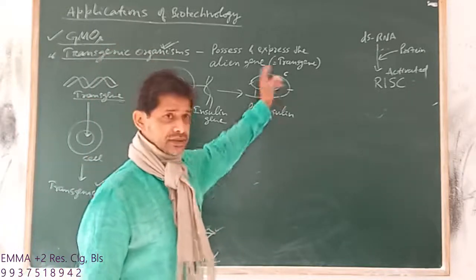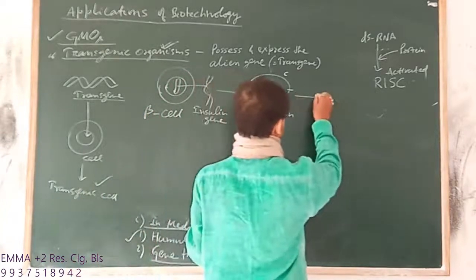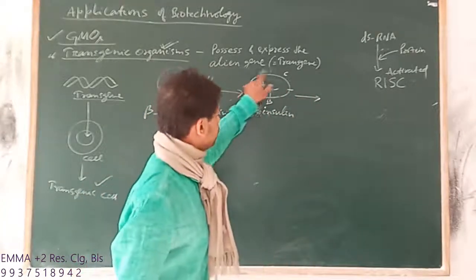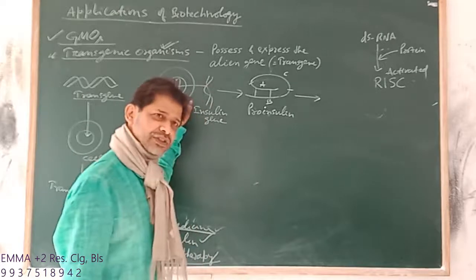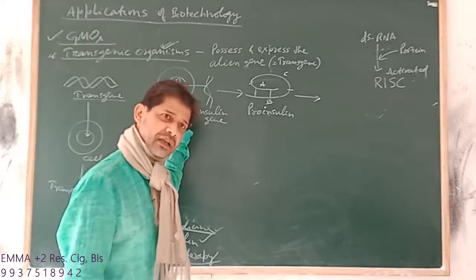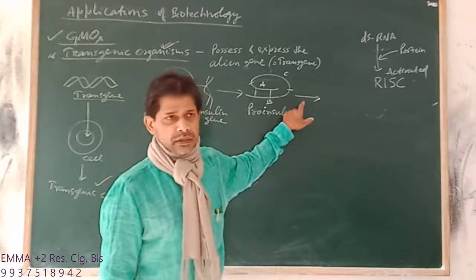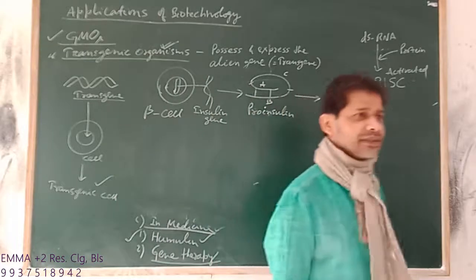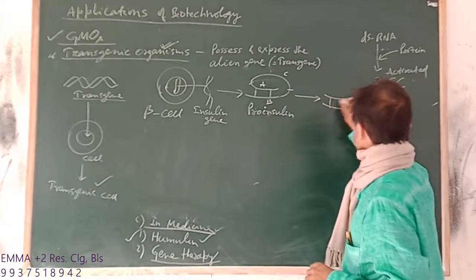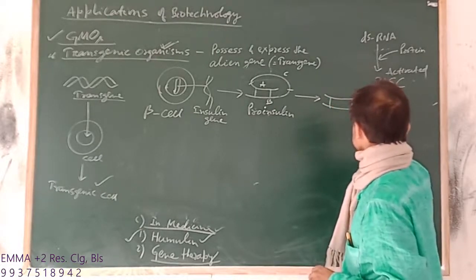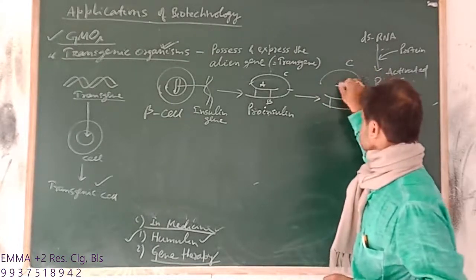After processing, the C polypeptide fragment is removed. In our cell cytoplasm, one enzyme is there that can process the proinsulin so that mature insulin can be produced. This is the A chain, this is the B chain, and the C polypeptide chain is removed.